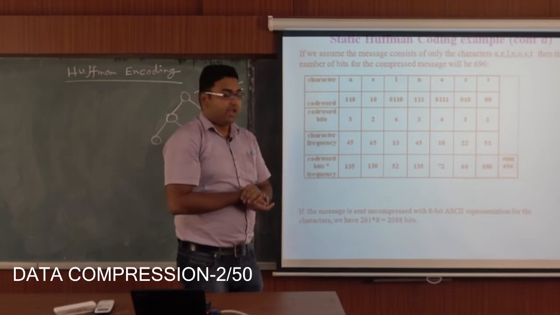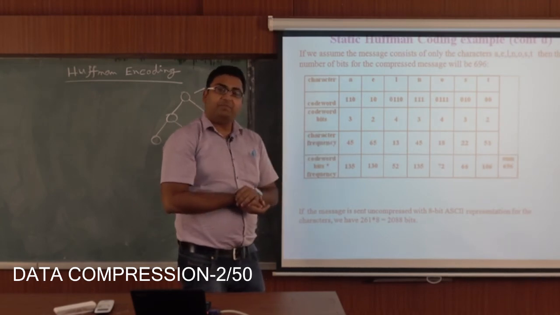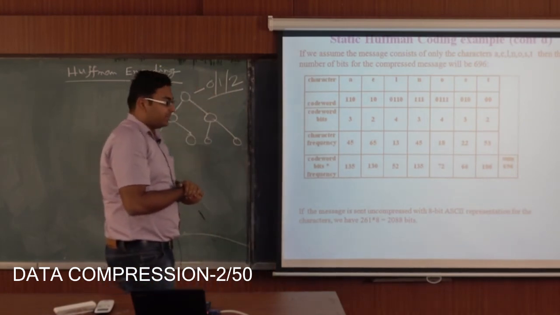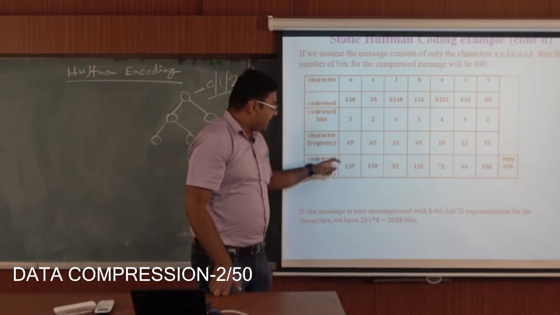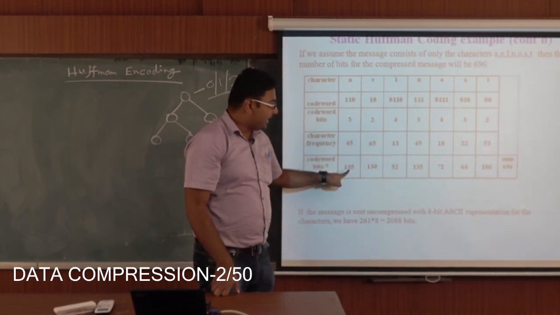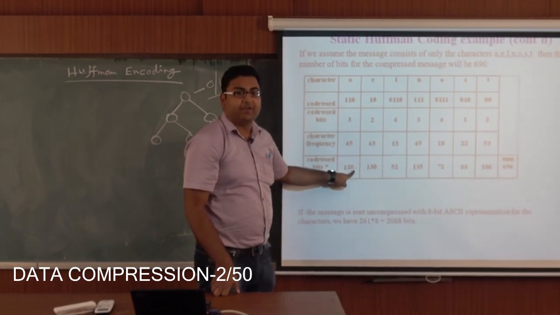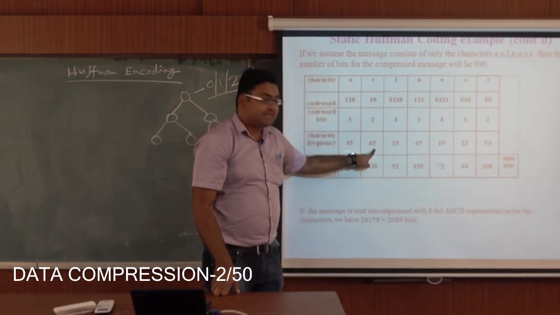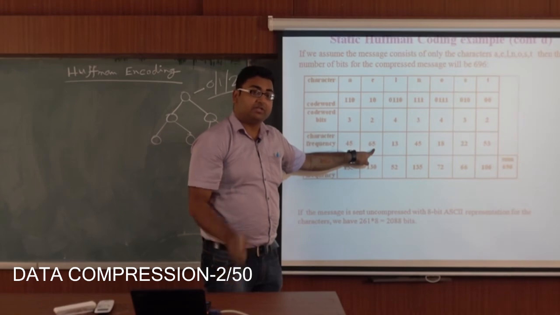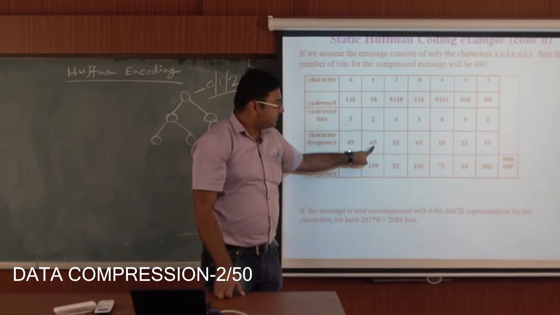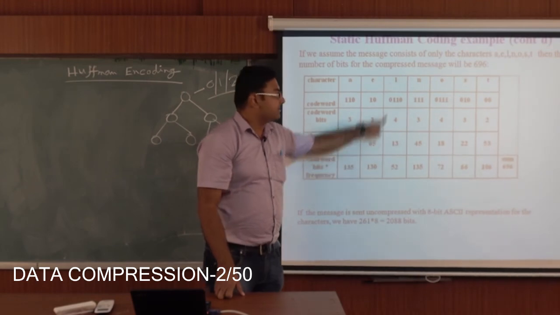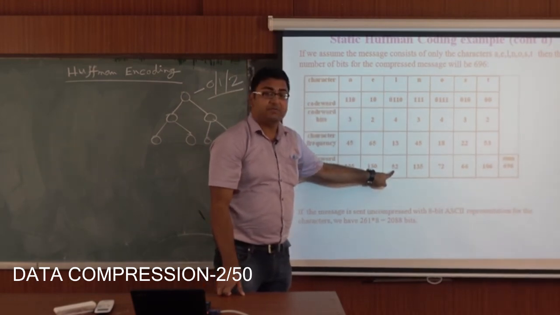Each and every character will be represented by 8 combinations of 0 and 1. Here A is repeated 45 times, so A needs 45 into 8, 360 bits. E is repeated 65 times, L is repeated 13 times, and so on. This I am describing from the original text file size point of view.